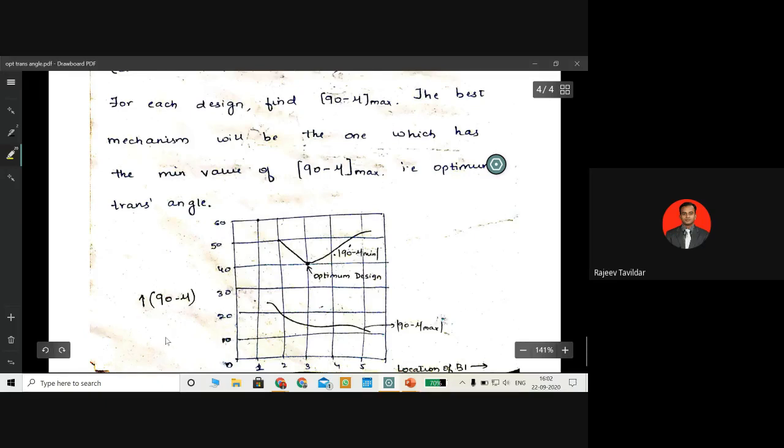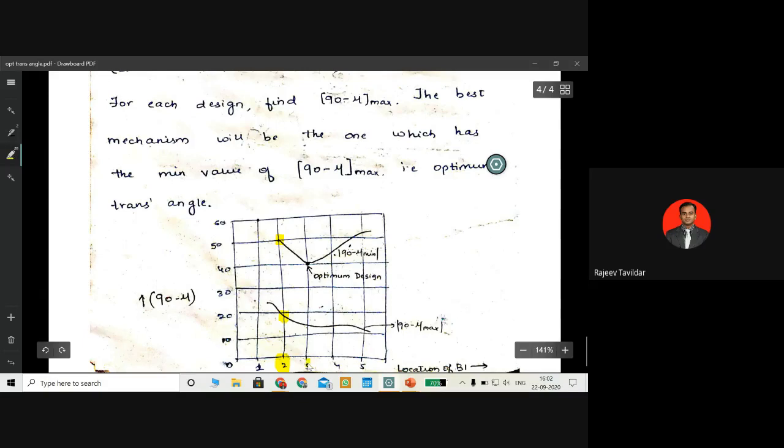On this particular graph, say I will take curve number 2. For this curve number 2, I will locate determinant of 90 minus mu max. I've got it over here. And also locate 90 minus mu min determinant, which is over here. Similarly, now you go for curve number 3.